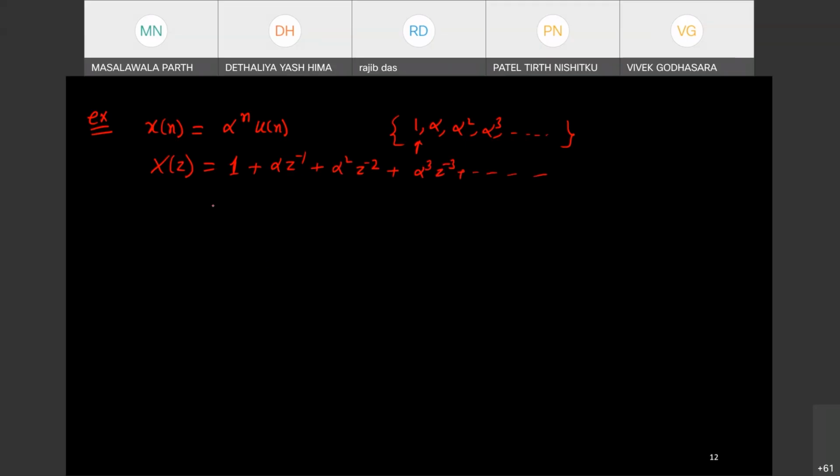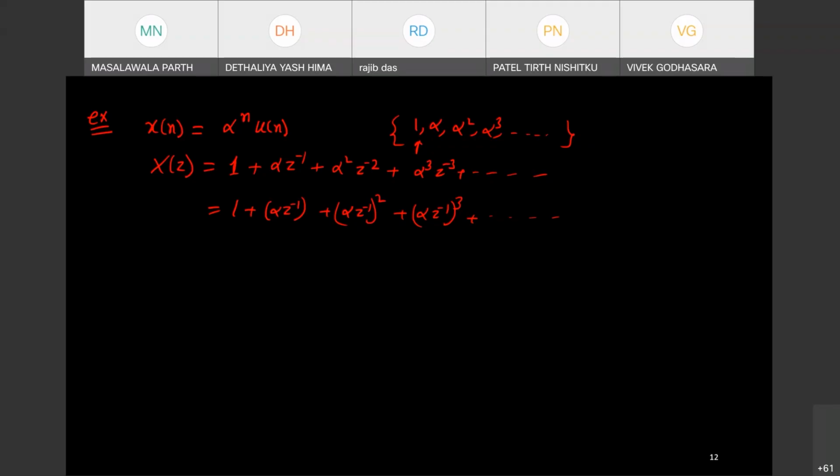So we can consider these as 1 plus alpha z to the power -1, plus alpha z to the power -1 squared, plus alpha z to the power -1 cubed. Is it correct? Yes, sir.